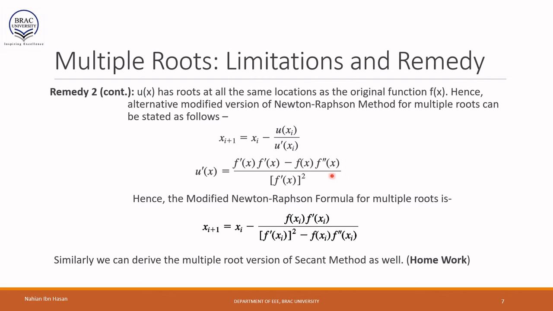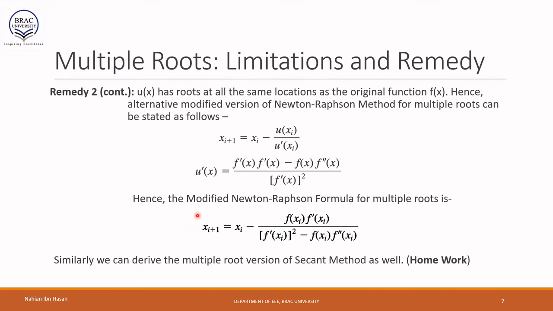If we substitute this u prime of x_i and the value of u of x_i into this equation, we get our modified Newton-Raphson formula. In this formula, we need to use both the first order and second order differential terms. So this is our modified Newton-Raphson formula for multiple roots.